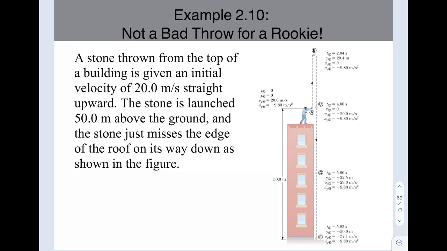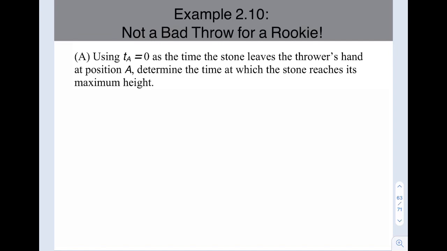The initial position at A is 0, and the initial time at point A is 0 as well. Using T equal to 0 at A as the time the stone leaves the thrower's hand at position A, determine the time at which the stone reaches its maximum height.